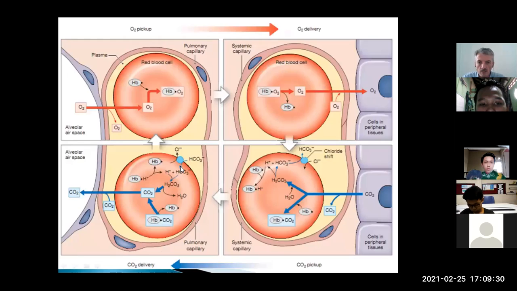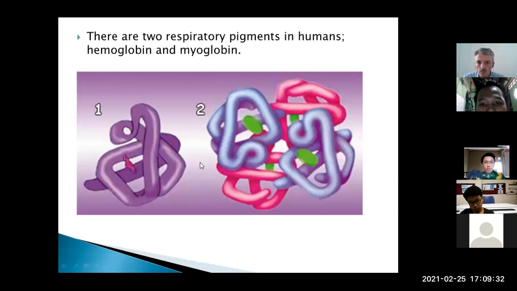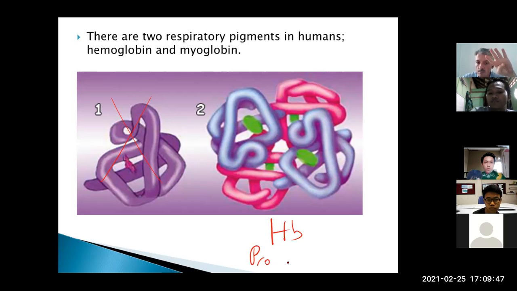Here, let's see, do we have it? Yeah, here. Okay, let's look at this one. Here, this is hemoglobin. One hemoglobin is made of 4 polypeptides. Hemoglobin is a protein, by the way, and this large protein is made of 4 units called polypeptides. 1, 2, 3, 4.